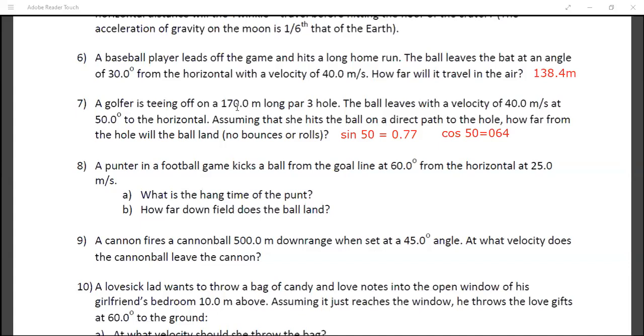Yeah, Daksha, you're correct. They are asking how far from the hole will the ball land. So whatever range you get, just subtract it from 170 meter, because 170 meter is the initial distance given. The golfer hits the ball at a speed of 40 meter per second at an angle of 50 degree.